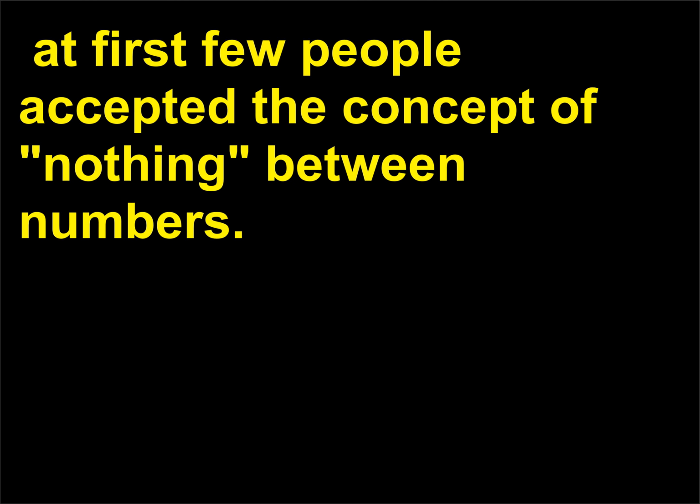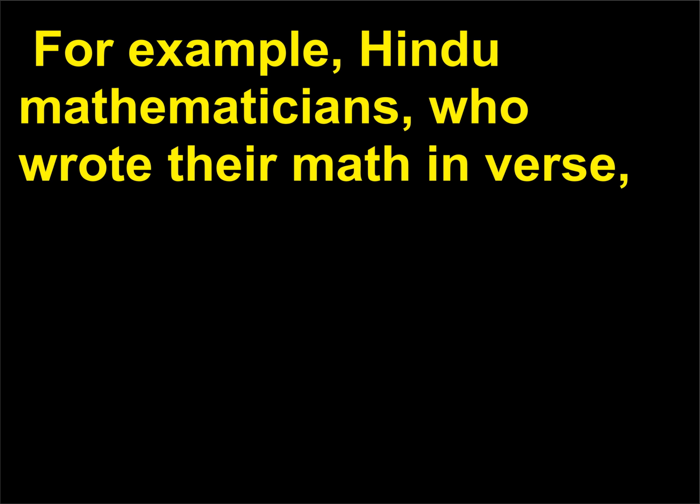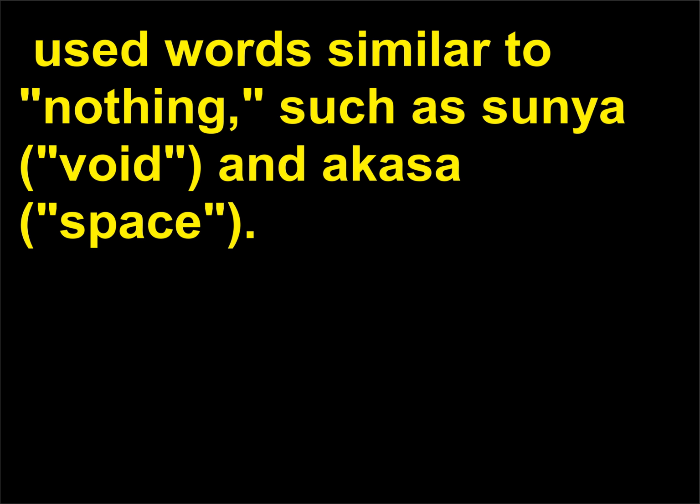At first few people accepted the concept of nothing between numbers. Not that all cultures ignored the possibility of such an idea. For example, Hindu mathematicians, who wrote their math in verse, used words similar to nothing, such as sunya, void, and akasa, space.